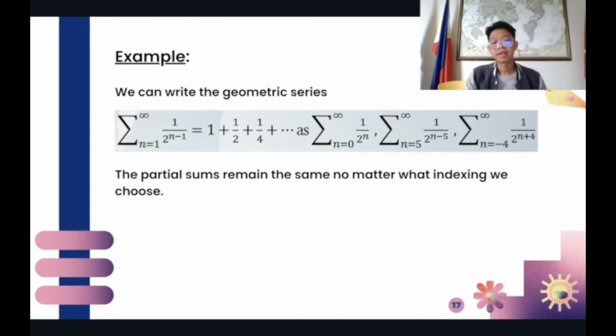Example: we can write the geometric series, the sum of 1 over 2 to the power of n minus 1 from 1 to infinity, equal to 1 plus 1 over 2 plus 1 over 4 plus dot dot dot, as the sum of 1 over 2 to the power of n from 0 to infinity, the sum of 1 over 2 to the power of n minus 5 from 5 to infinity, and the last one, the sum of 1 over 2 to the power of n plus 4 from minus 4 to infinity. The partial sums remain the same no matter what indexing we choose.